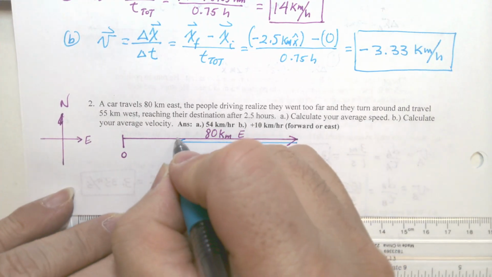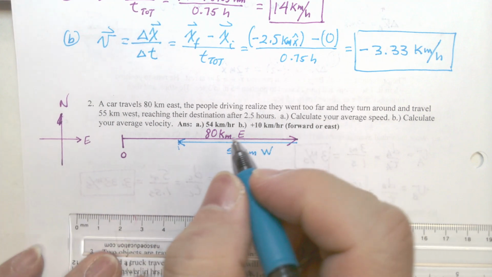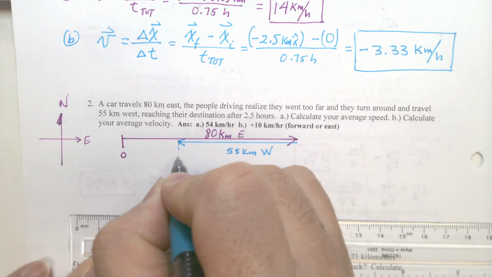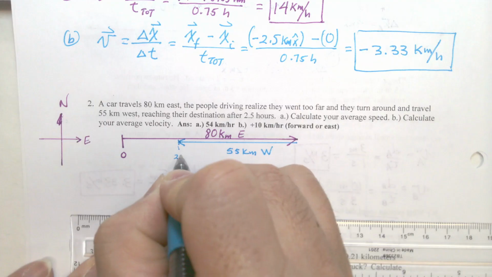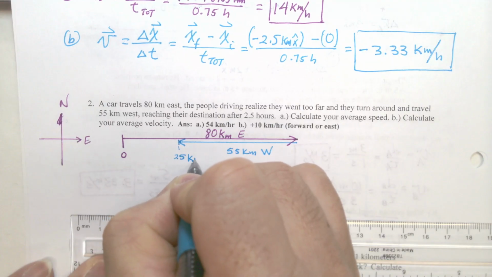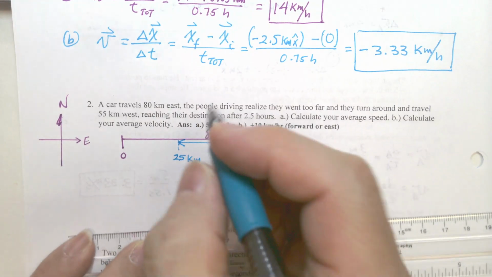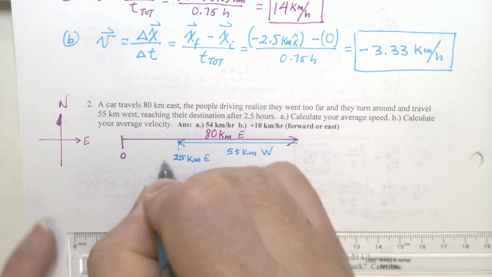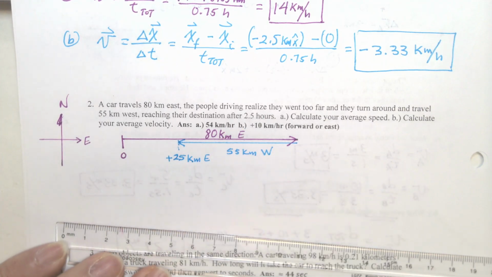So here's the final position right here, which is 25 kilometers, east, right? So positive 25 kilometers east.